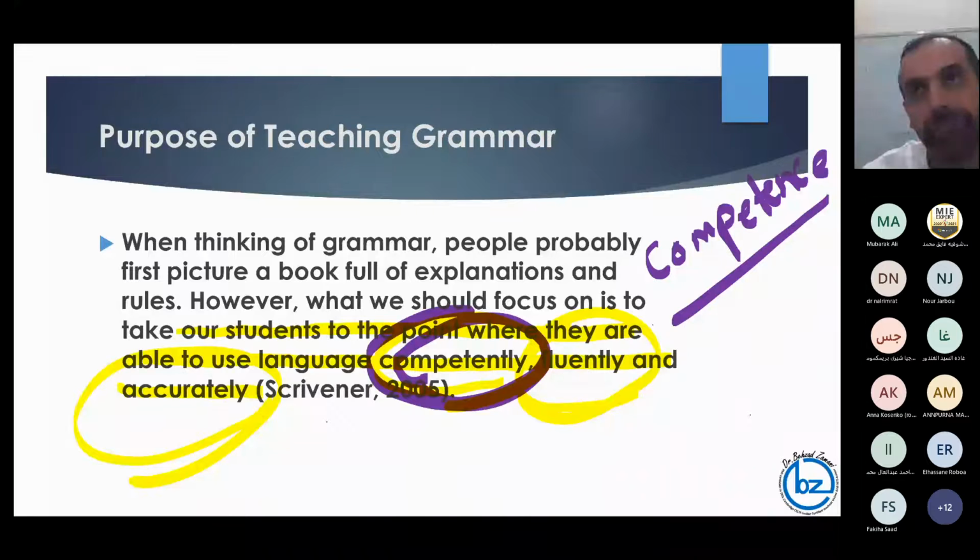My students maybe have the knowledge, the first part of competency, but they are not able to put it in practice fluently and accurately, and it's a big lack. This is the real problem. In these two or three sessions, I want to show you how you can help your students with this issue.